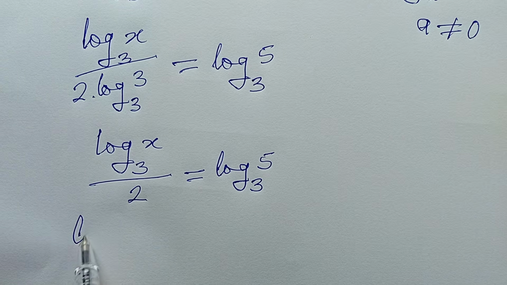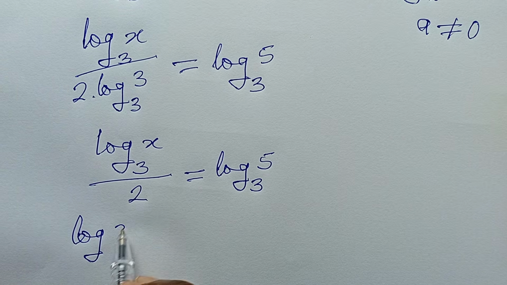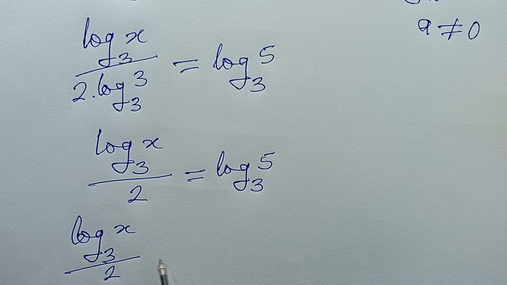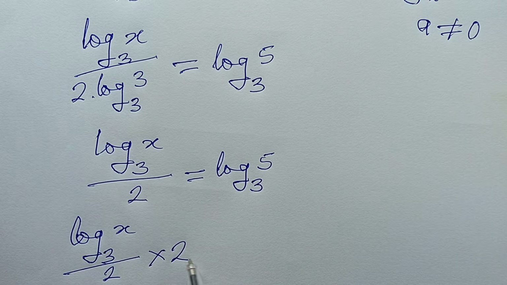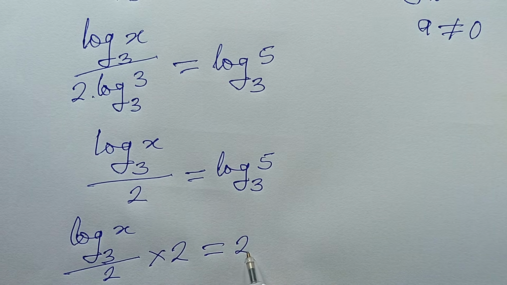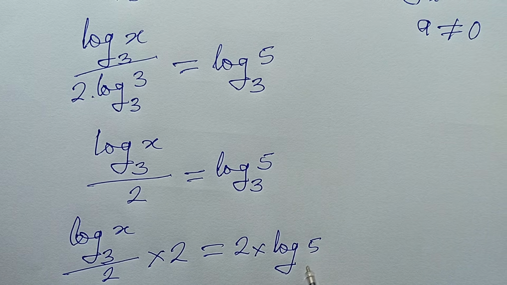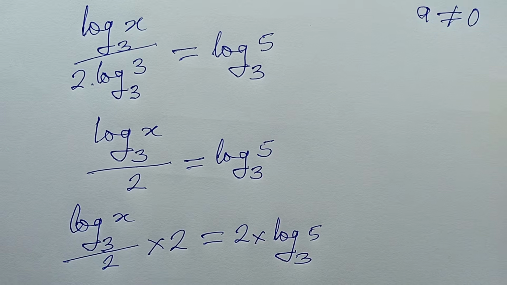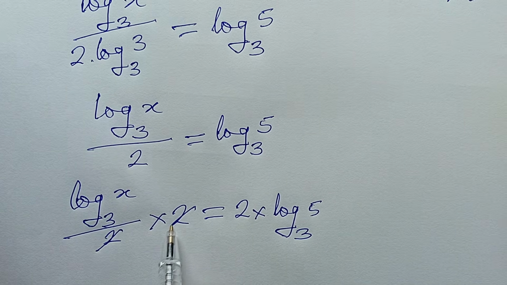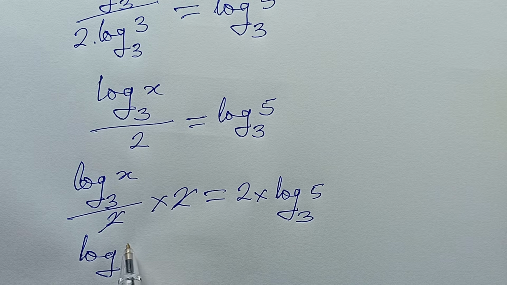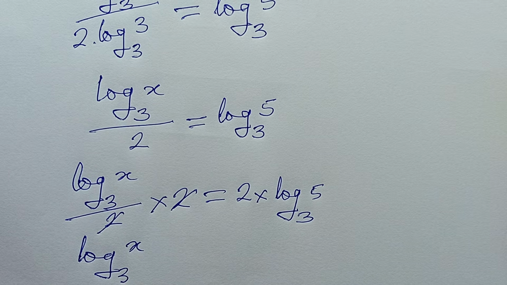And so this is going to give us log x base 3 all over 2 times 2 equal to 2 times log 5 base 3. Wow. And so this and this will leave. We are now left with log x base 3, right?